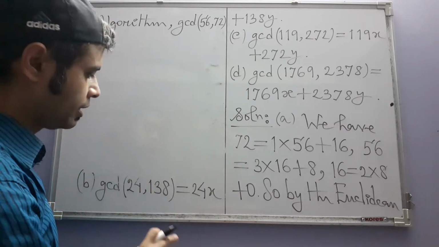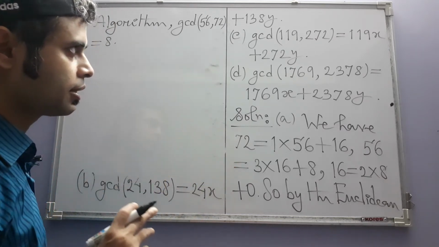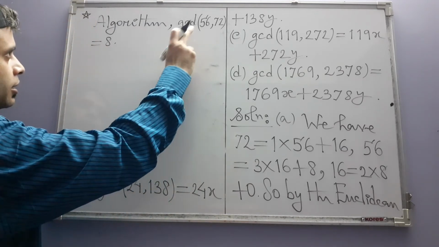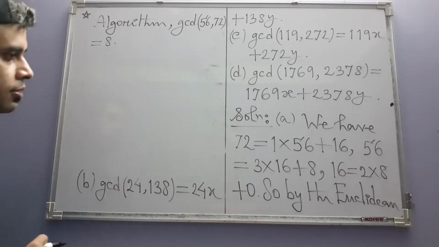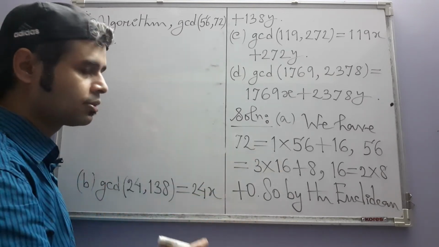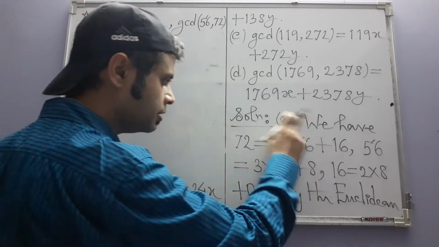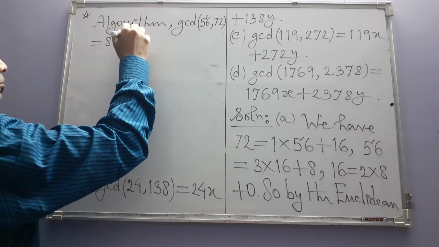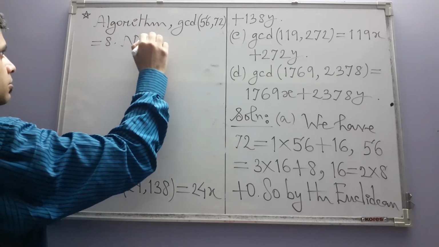Now we have to find those two integers x and y, which will help us express 8 as a linear combination of 56 and 72. And in trying to find those integers, we will use these calculations.